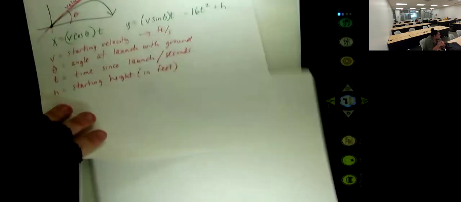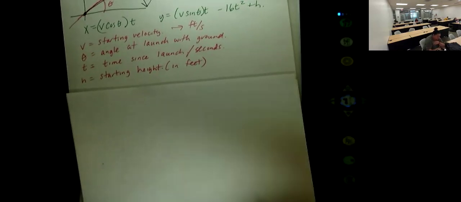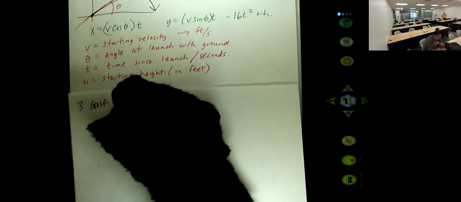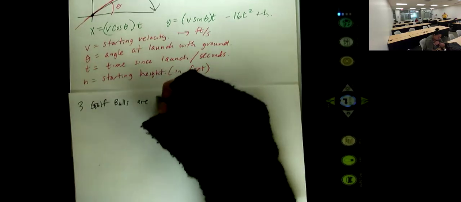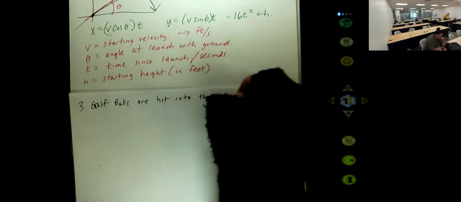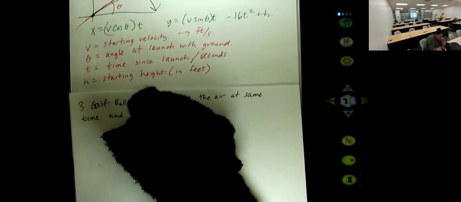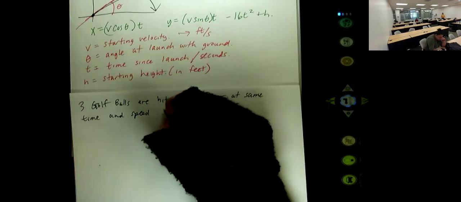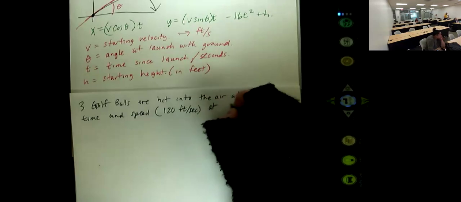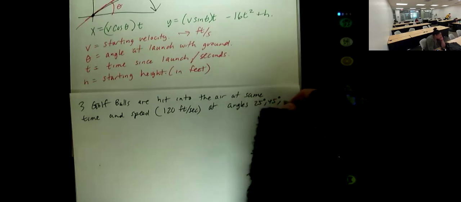So, we've got 3 golf balls hit into the air at the same time and speed, 120 feet per second, at angles 25 degrees, 45 degrees, and 65 degrees.